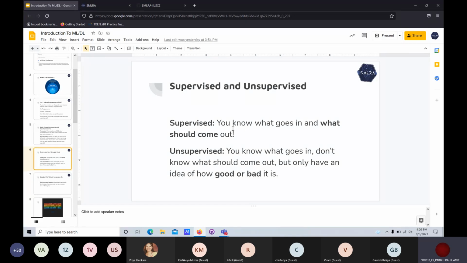The system gives the output, and we are training it against the output. But in unsupervised learning, we don't know what the output would be, and the system trains itself. We don't have to intervene ourselves while training. So today we'll be seeing both types, supervised and unsupervised.